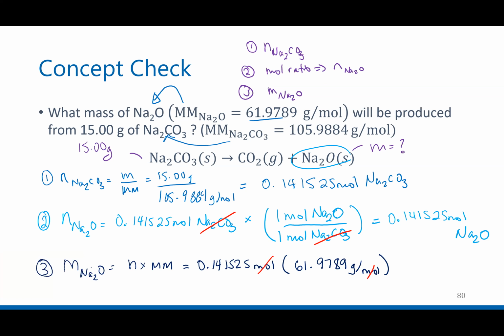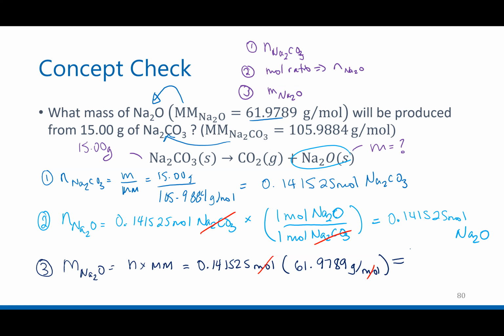Another cool thing, guys, about these problems is everything I'm doing, I'm leaving in my calculator. So I'm not actually clearing my calculator ever. So I take my answer from part 2 and I multiply it by the molar mass. 61.9789.